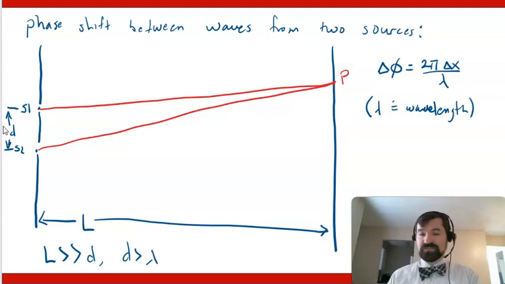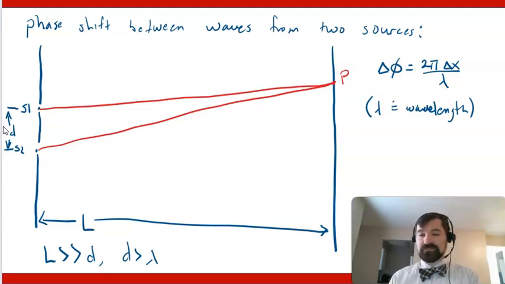And so if you place this screen, let's say 10 centimeters away, then L would be a factor of 80 greater than the smaller of those, and a factor of 40 greater than the larger of those. And that's large enough for this to work.